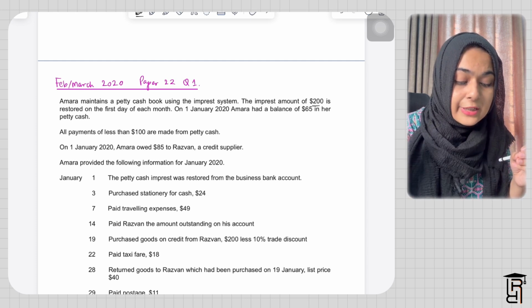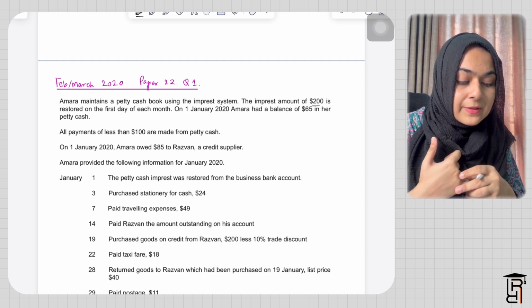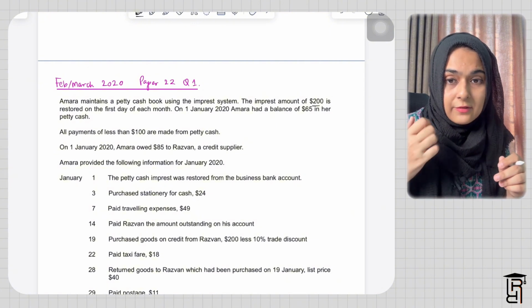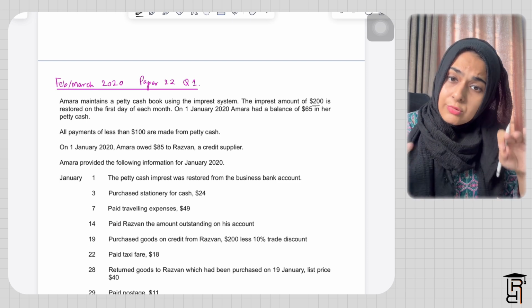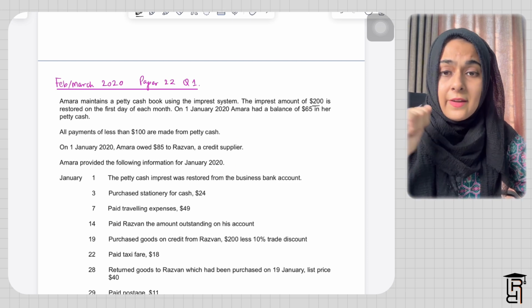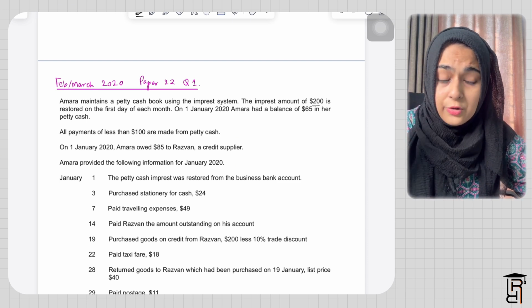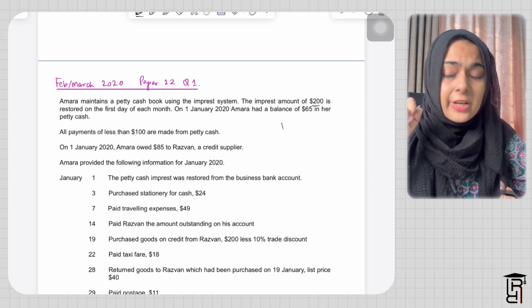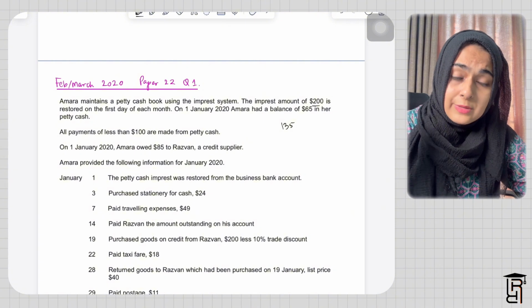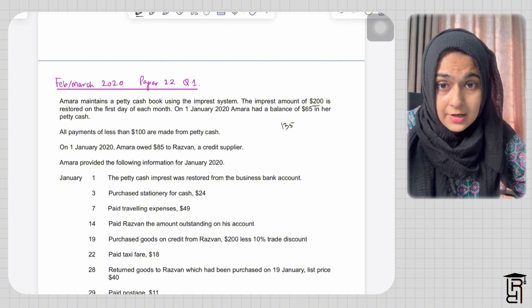On 1st January 2020, Amara had a balance of $65 in her petty cash, which means that we have $65 and now we need to restore this balance and make it 200 again. So if we have $65 already in the petty cash book, we need to add $135 more in order to make it $200, because 200 minus 65 is 135.